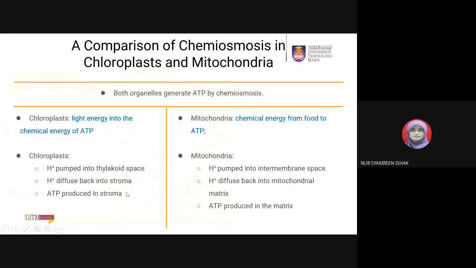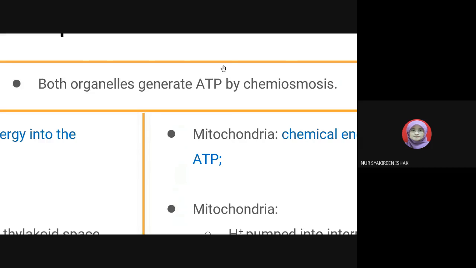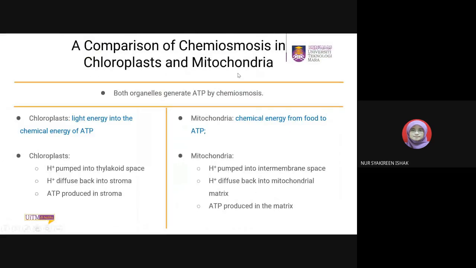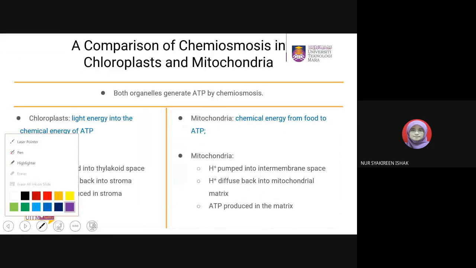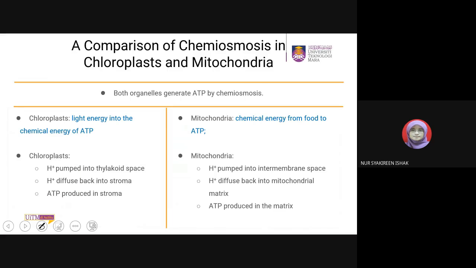Okay, so dekat last table ni kan, it shows you a comparison of chemiosmosis in chloroplast and also mitochondria. Ingat, chemiosmosis berlaku dalam kedua-dua proses cellular respiration dan juga photosynthesis.